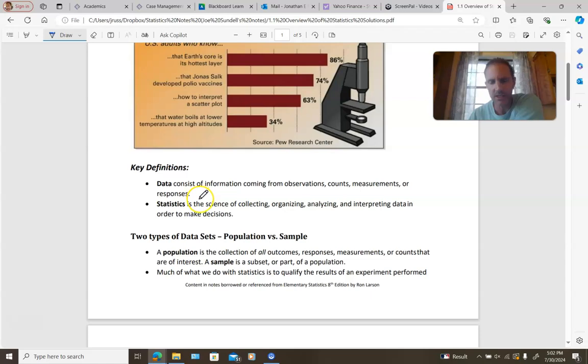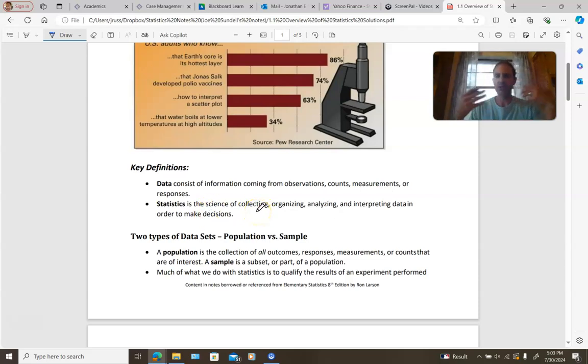And statistics is actually the science of what we do with this data. It's the science of how we go about collecting it, organizing it, analyzing it, and interpreting the data in order to make decisions.